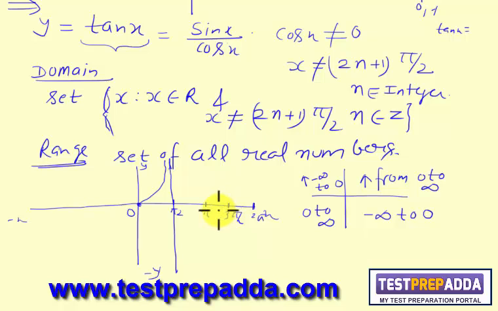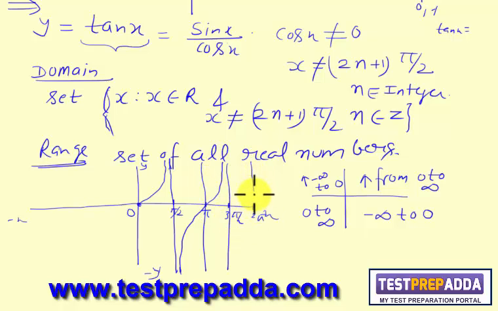Okay. Now, from pi by 2 to pi, it is minus infinity to 0. So again we will draw this. Minus infinity is here, minus infinity to 0. So the graph will go like this. Then in the third quadrant, it is 0 to infinity. 0 to infinity means this.